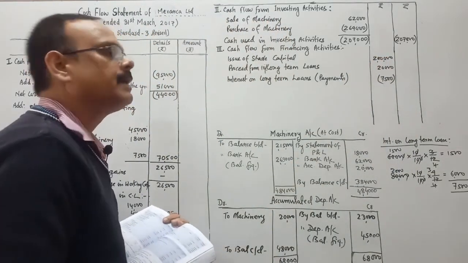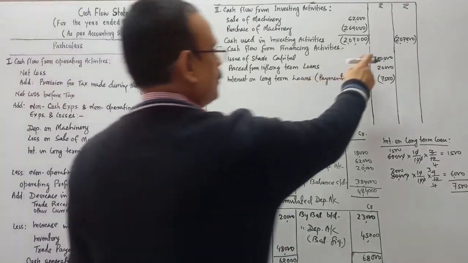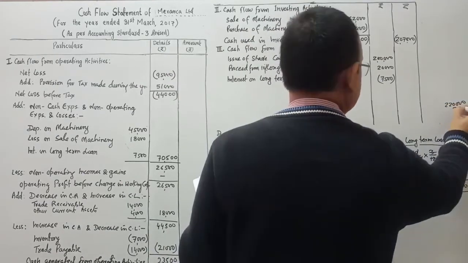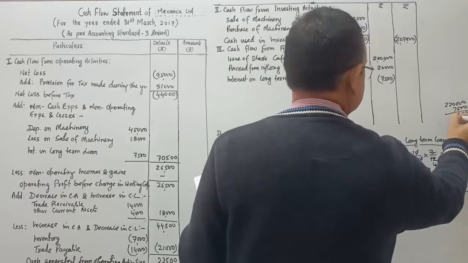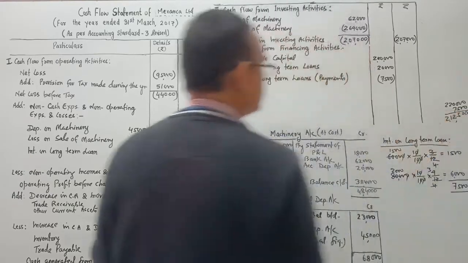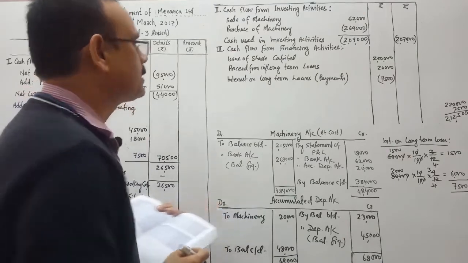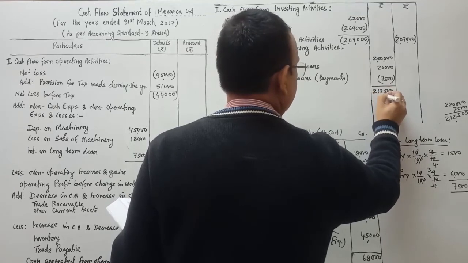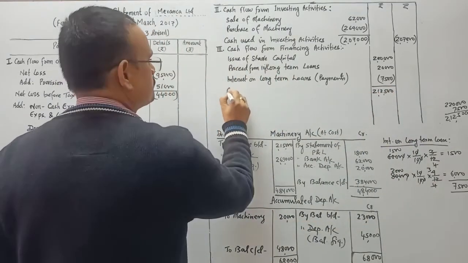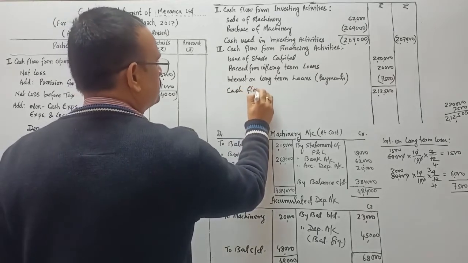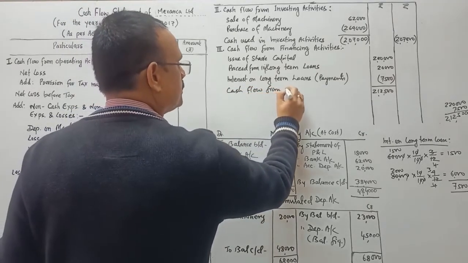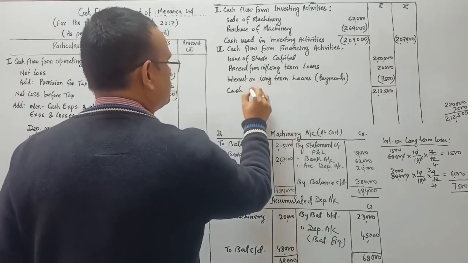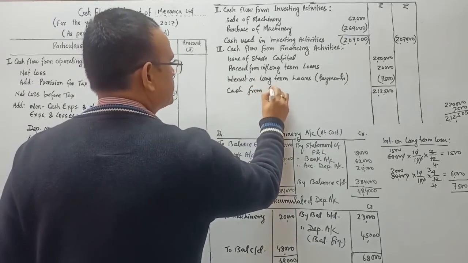So there are 2 inflows and 1 outflow. So 2,20,000 minus 7,500. So this figure is 2,12,500. This is cash flow from financing activities.